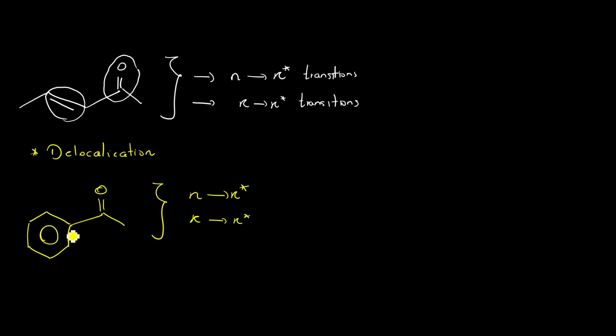Now in this case you can see that the benzene ring provides delocalization to the structure, and I hope you know from our basic organic chemistry that delocalization results in the stabilization of the molecule. Stabilization. The delocalization will result in stabilization of a molecule.